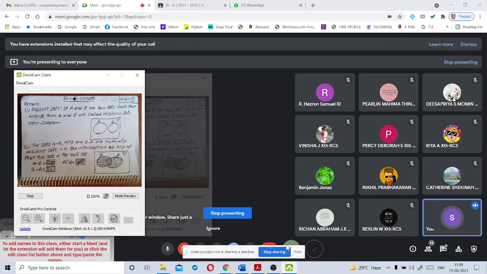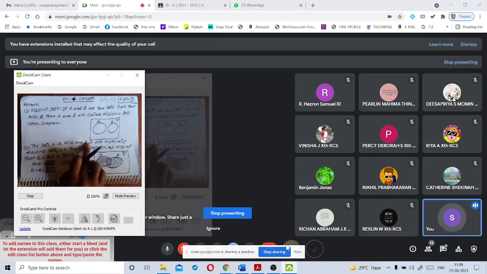Mutually means if you take any two sets out of these three sets, we cannot find any element in common. Understood this point, my dear children? What is meant by mutually disjoint sets? Got this point?